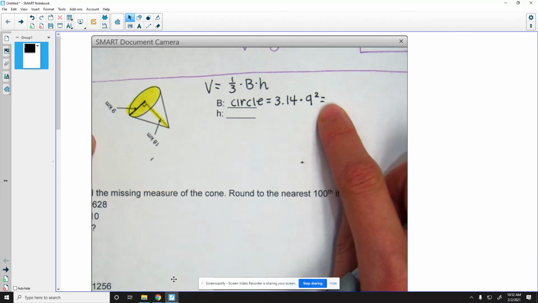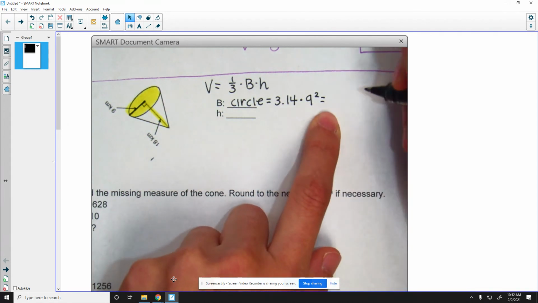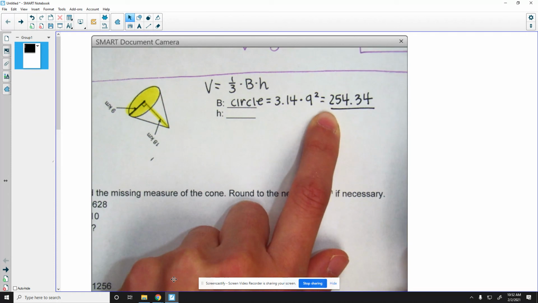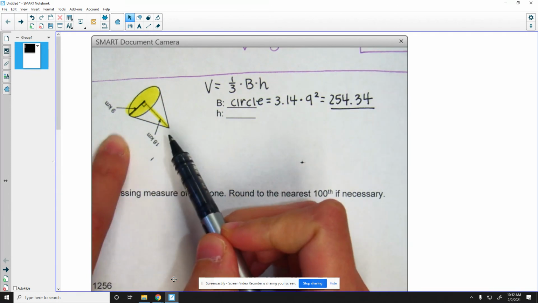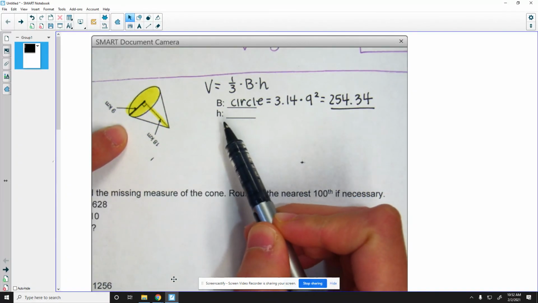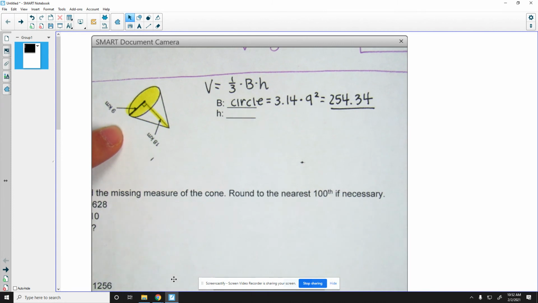Tyler, did you get that number yet? Yeah, it's 254.34. Okay, look at your shape. Somebody online, will you type it or will you unmute yourself? What number is the height here? Thank you.